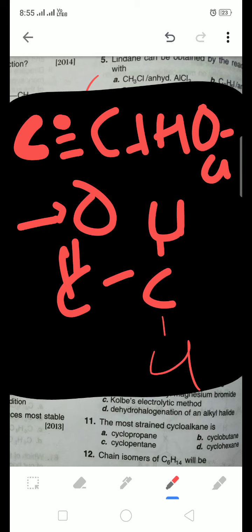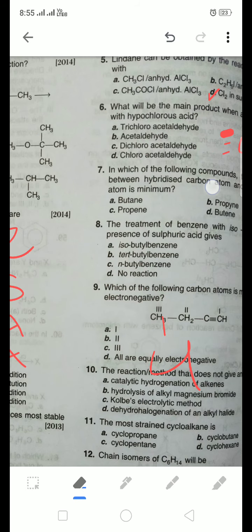So let's look at the options. What will be the main product? Not trichloroacetaldehyde; it is dichloro, since chlorine was substituted.